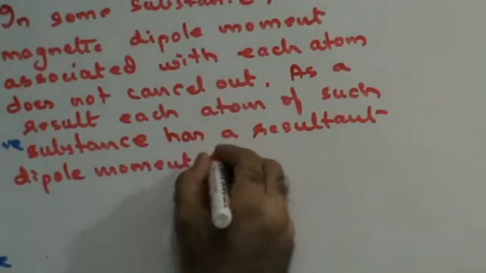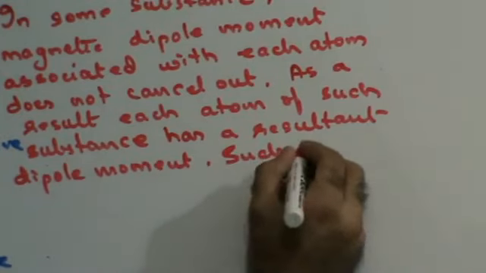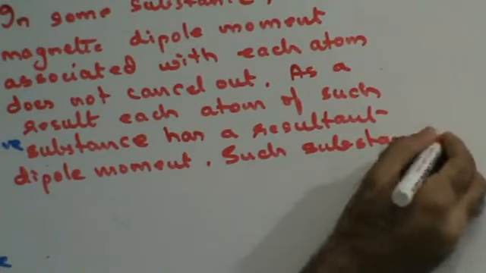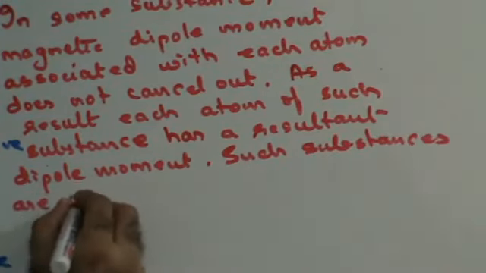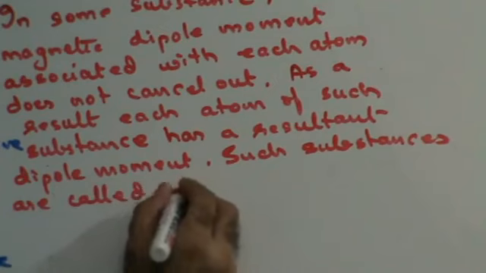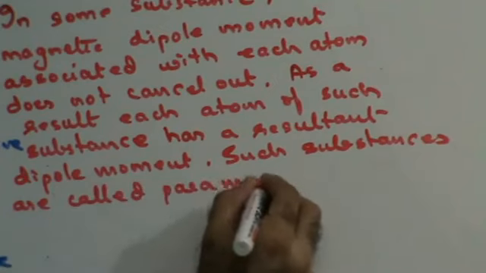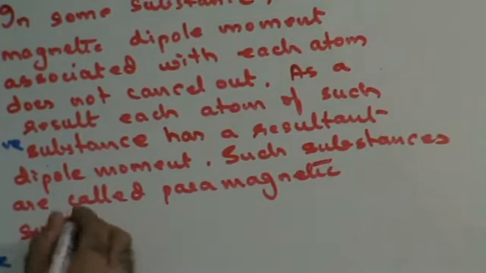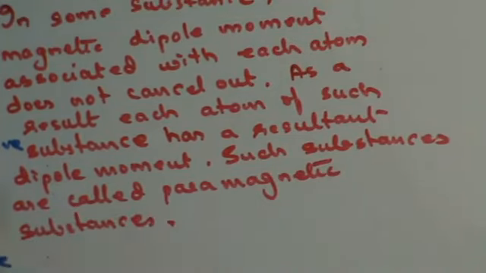Such substances are called paramagnetic substances.